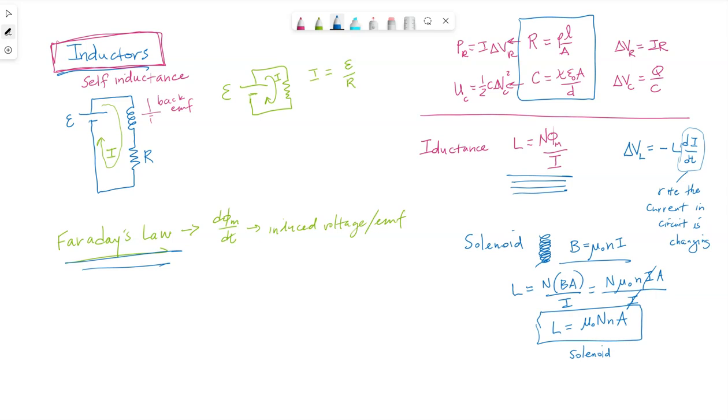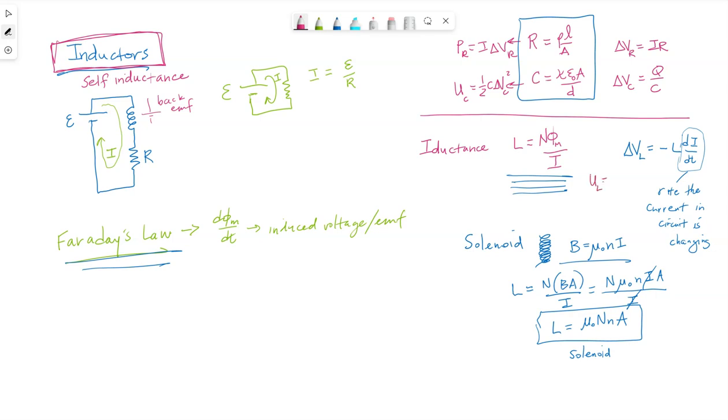So the inductor, its voltage difference, its EMF based off of inductance specifically, is due solely to that change in current. If the current in the circuit is flowing and it's constant, then there's no voltage drop in terms of the inductance. Inductors store energy.